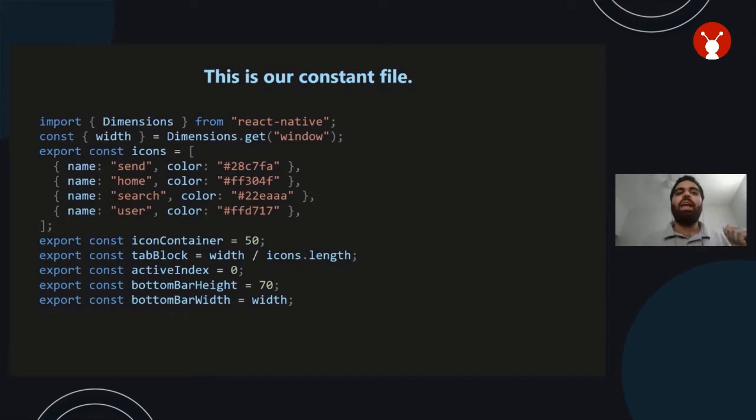Very smart logic. Then a constant to have an active index, a constant for the height of the bottom bar, and a constant for the width of the bottom bar. I love to play around with constants, so you can just ignore it. But the two things that are going to be very helpful for us are the icon container and tab block constants.